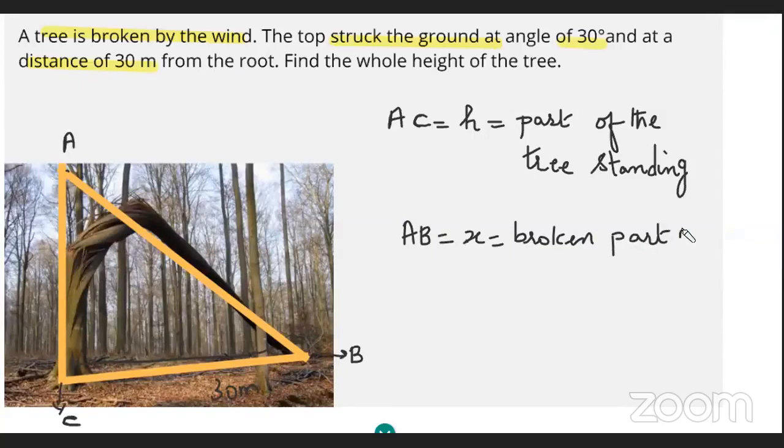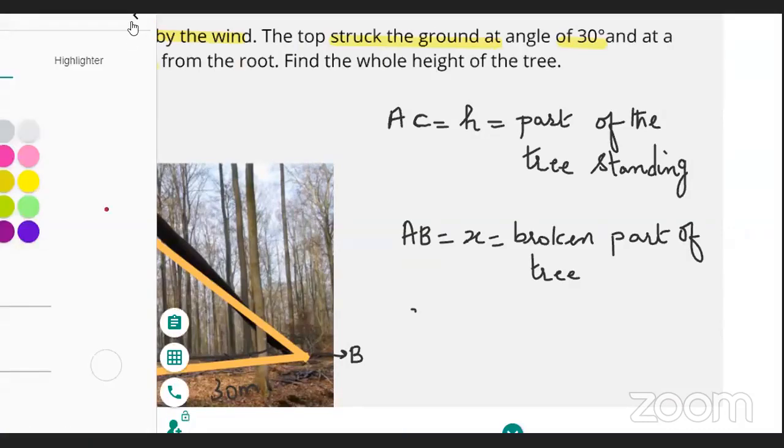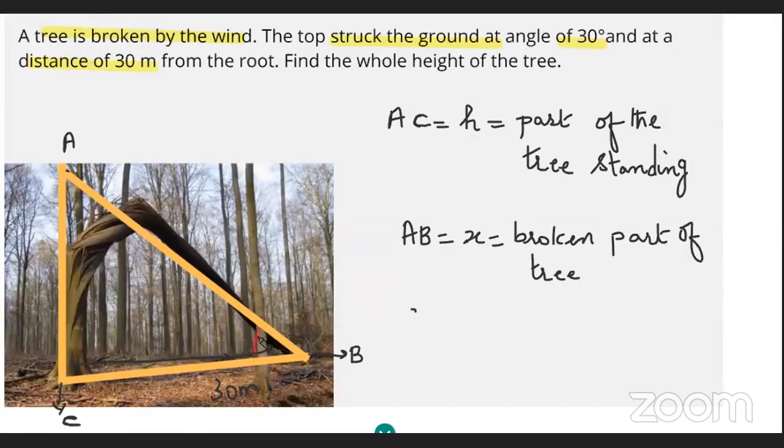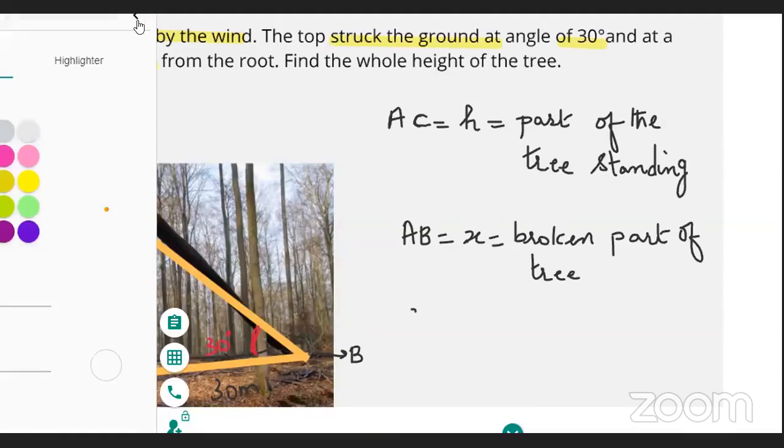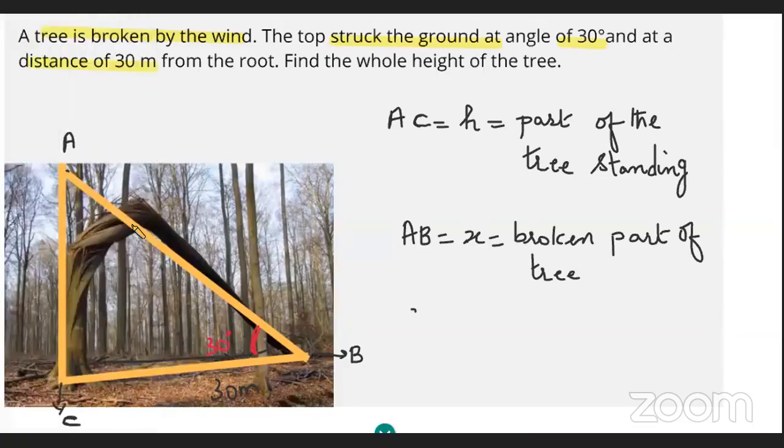Next, what is the angle of elevation here? Can anyone tell me? 30 degree, right? So this is the angle of elevation, 30 degree.